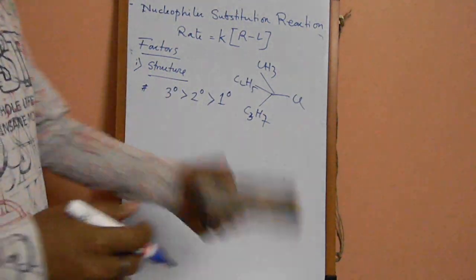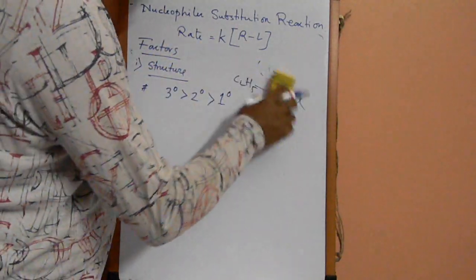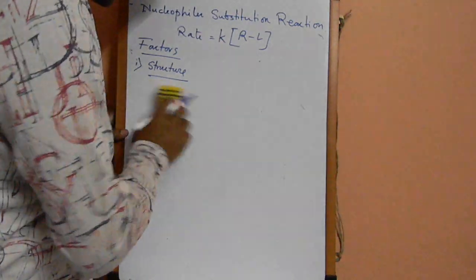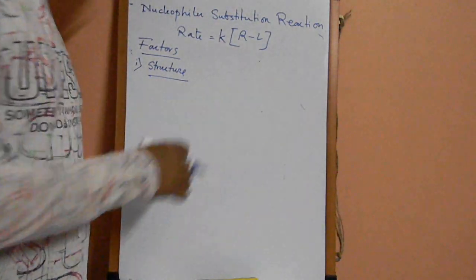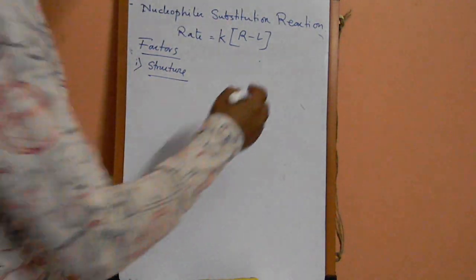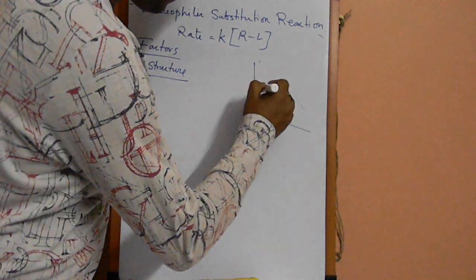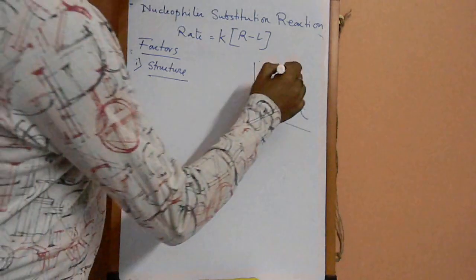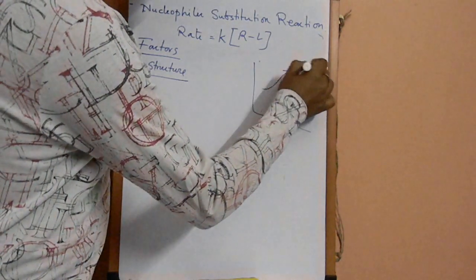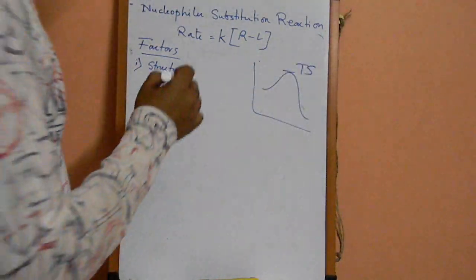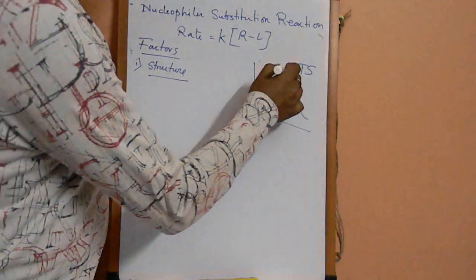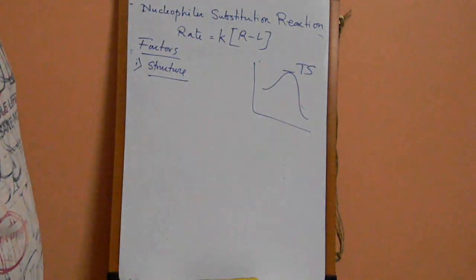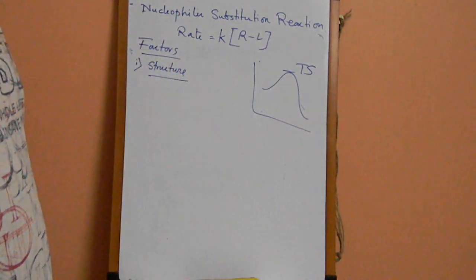Now what you need to consider very logically is that, because we have discussed the Hammond postulate, consider the first step. This transition state is basically a candidate for when the leaving group does not dissociate completely, but has started to dissociate.